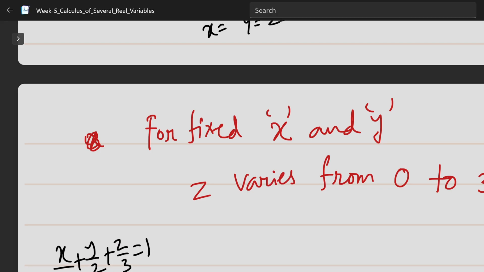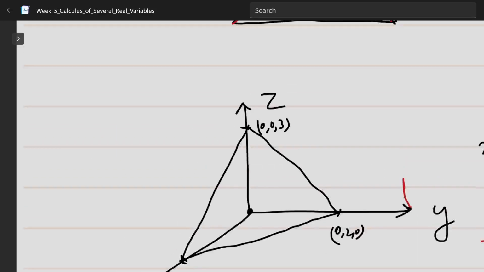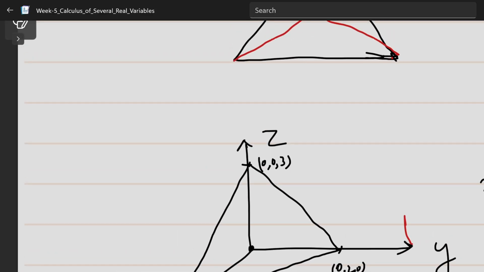So z is 3 into 1 minus y by 2 minus x. For fixed x and y, z always varies from 0 to where it ends. For a cube, z is from 0 to 1, starting from 0 and ending at the end. For this tetrahedron, it starts at 0 and ends at this plane.